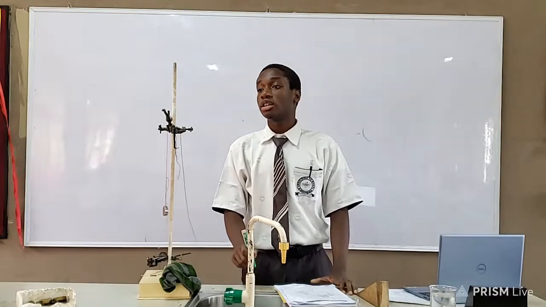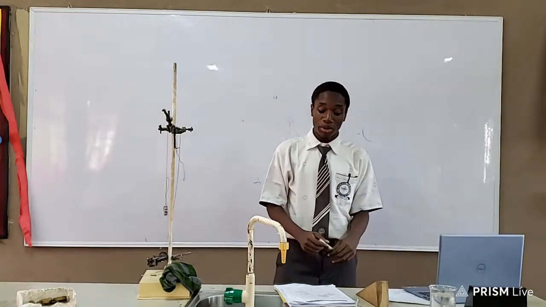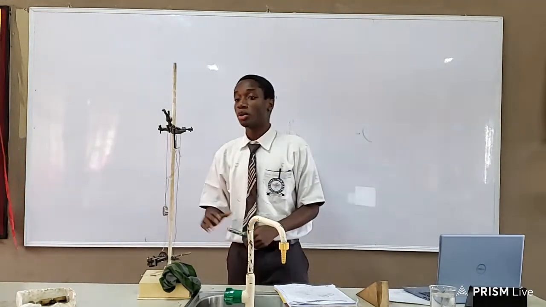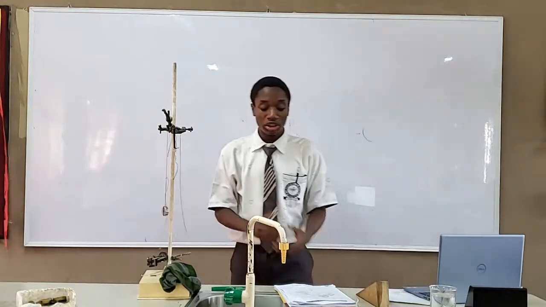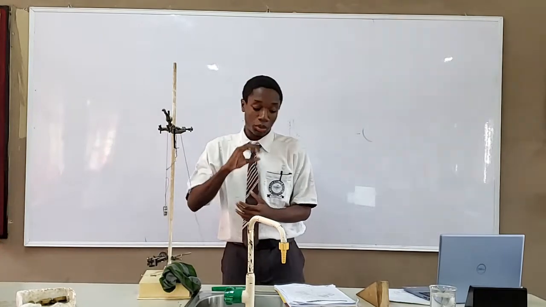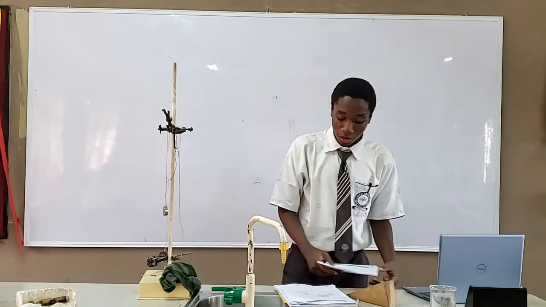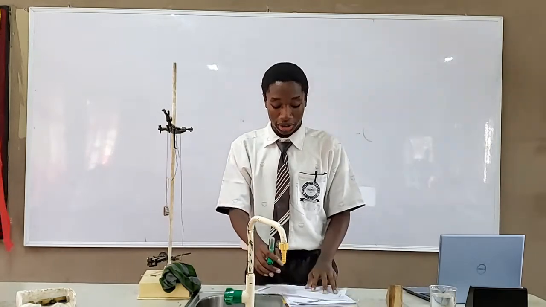Number one, the restoring force. The restoring force is the force that aims to bring the object back to its equilibrium position. Number two, periodic motion. Periodic motion is the motion that occurs in simple harmonic motion, and it is predictable and follows a regular pattern. Three, amplitude, four, frequency, and five, period. This will be explained later when I am talking about the calculation aspect.